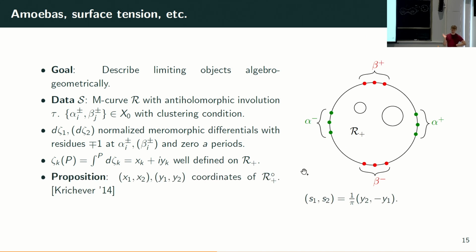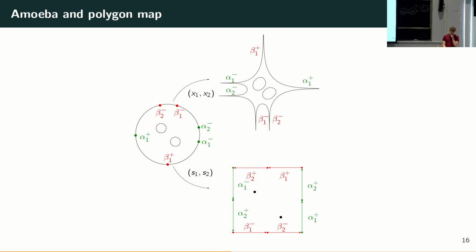And it was shown by Kenyon and Okounkov in 2014 that the map from R plus to the x's and the y's is a diffeomorphism, right? So you can look at those as coordinates. And here's a picture right here.